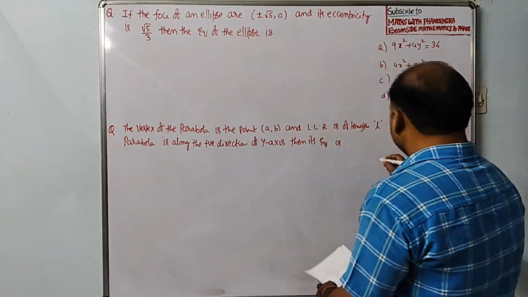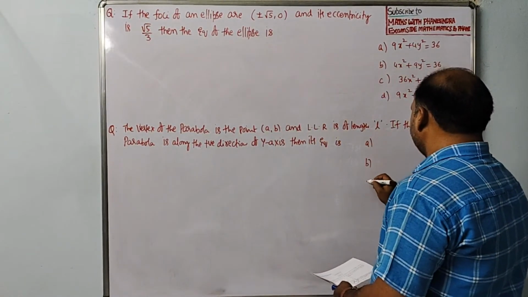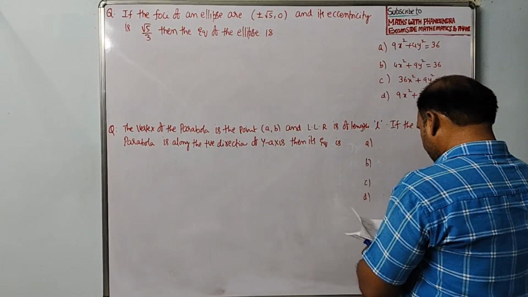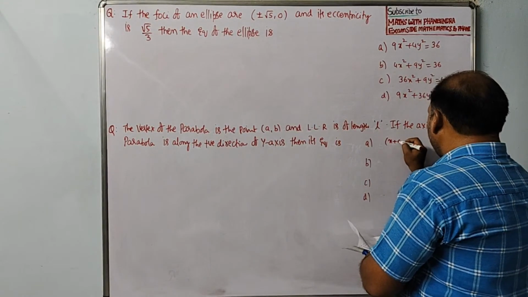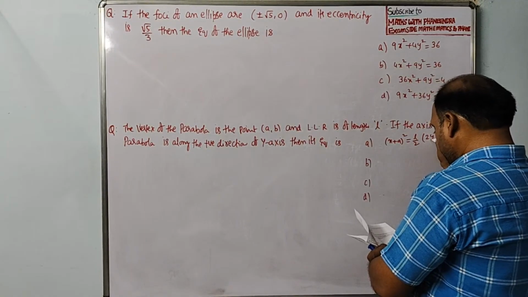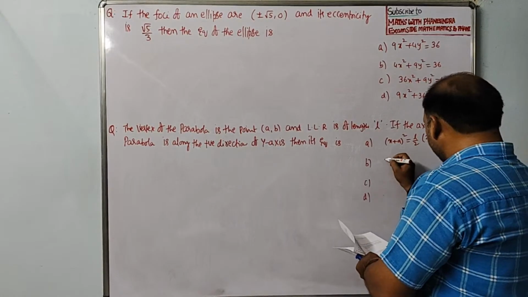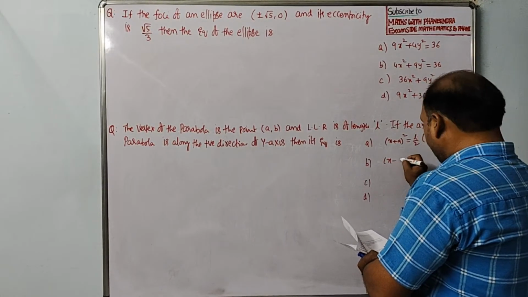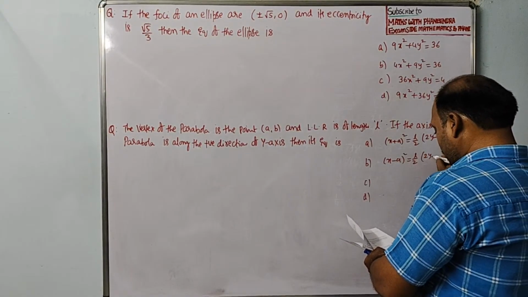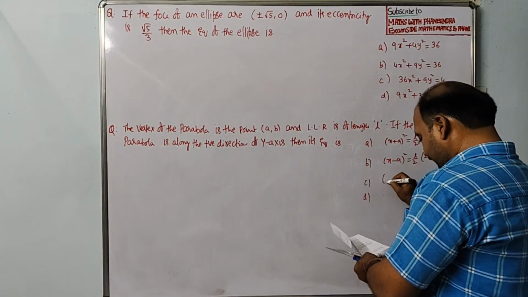See first option, x plus a whole square equal to L by 2 into 2y minus 2b. Second option, x minus a whole square equal to L by 2 into 2y minus 2b.